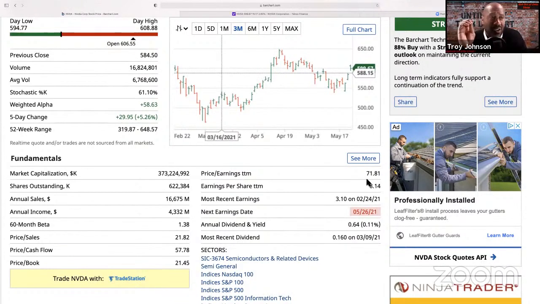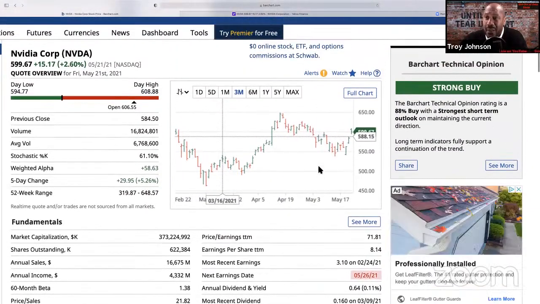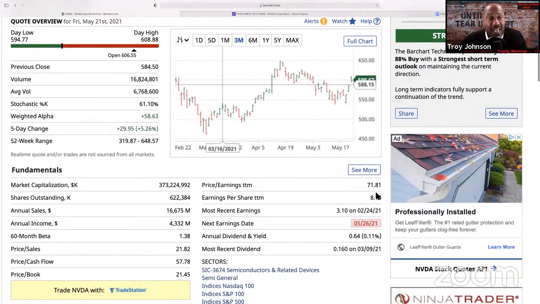If your PEG ratio is less than 1, that means your stock is priced cheaper than the growth rate. Let's say if your growth rate is 20, your PE ratio is 18. Your PEG ratio would be less than 1. I shouldn't have said minus, but less than 1. That means you have a cheap stock on your hands, especially if it's a growth stock.